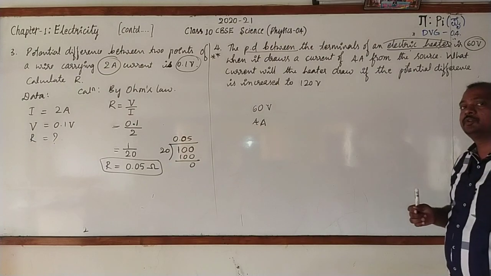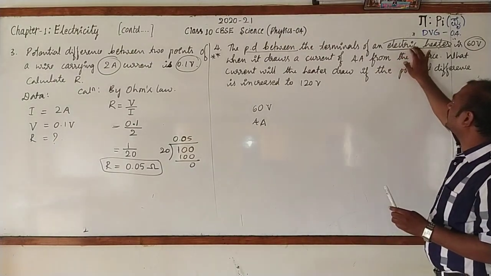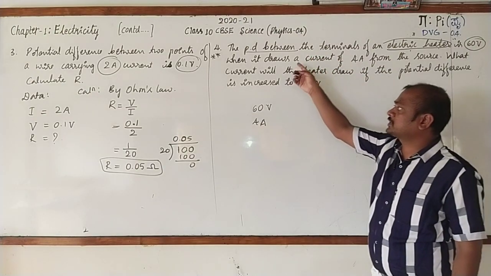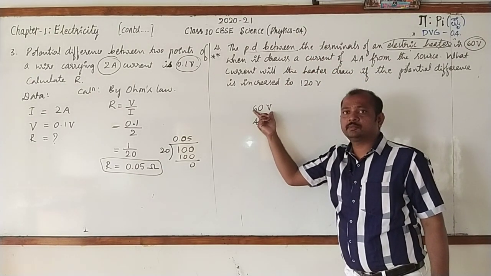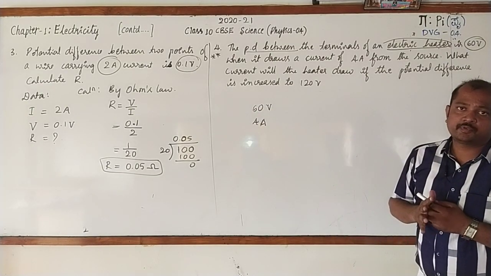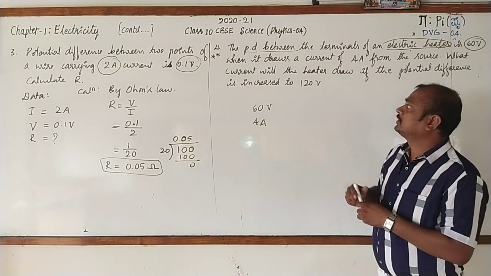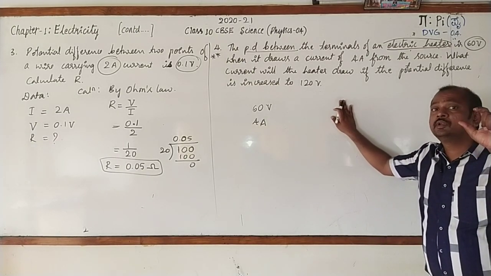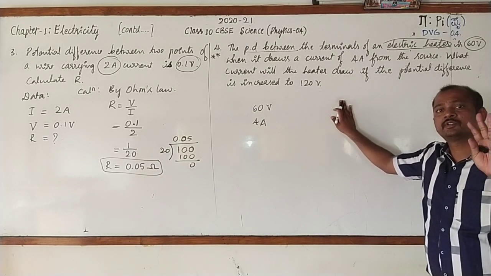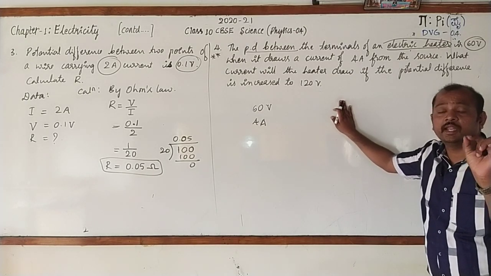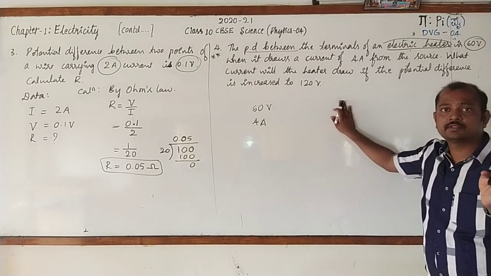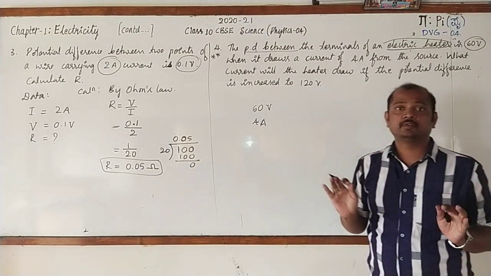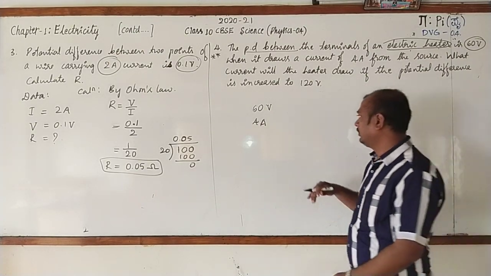One important thing that you can observe is the electric heater. The same electric heater will be used in both cases. First, when it is connected between a potential difference of 60 volt, and another, the same electric heater will be connected in 120 volt. So the electric heater has some electric resistance. Whether this electric resistance changes in both the cases? No, it will be the same. So R is the same in both cases.